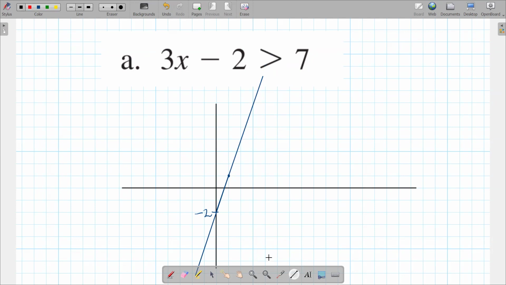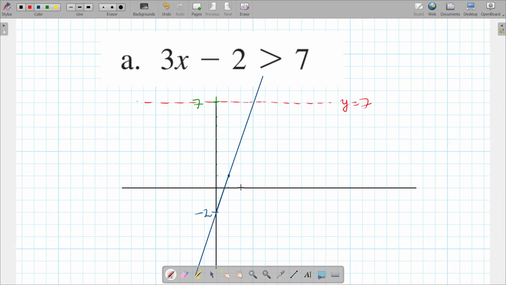What does that mean? So now let's find the y value of 7. 1, 2, 3, 4, 5, 6, 7. The y value of 7 is right there. So I'm going to denote this by using a dotted line. This is y equals 7.